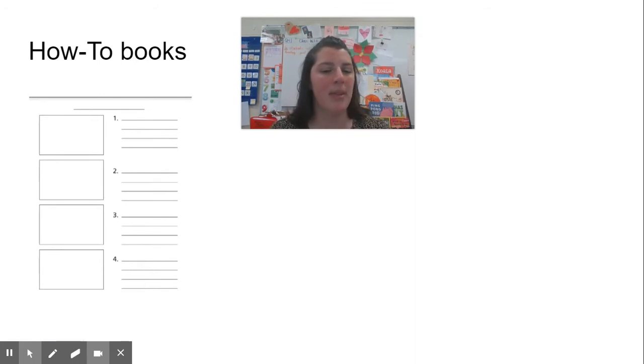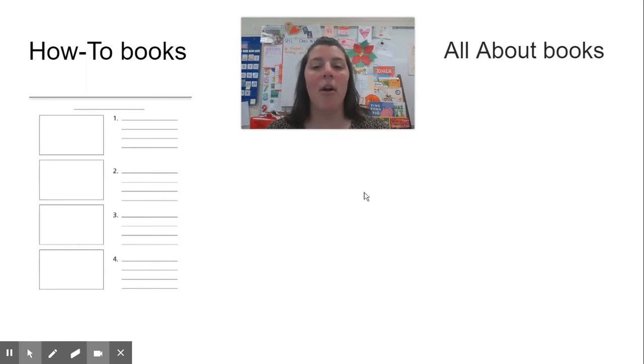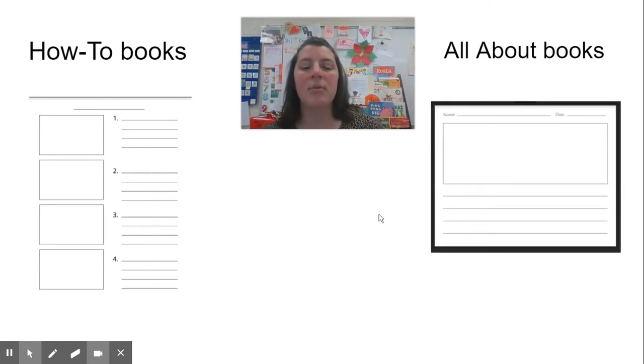The other type of books are all about books or expository books that are teaching about a topic. We have used paper that looks like this with the picture box and then lines at the bottom. That's when you want to teach someone facts about some topic that you know a lot about.